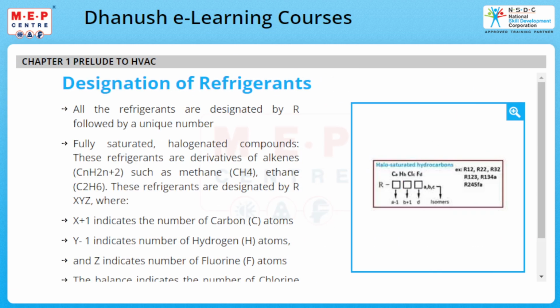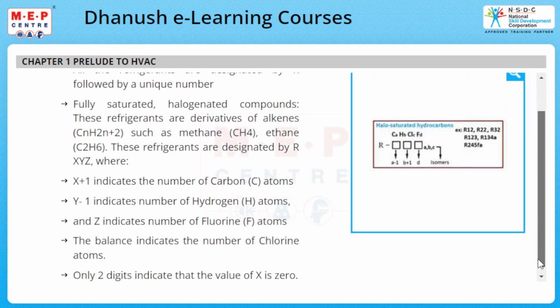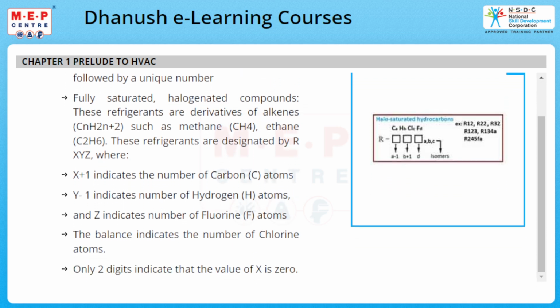All the refrigerants are designated by R followed by a unique number. Fully saturated halogenated compound refrigerants are derivatives of alkanes such as methane and ethane. These refrigerants are designated by R XYZ, where X plus 1 indicates the number of carbon, that is C atoms.